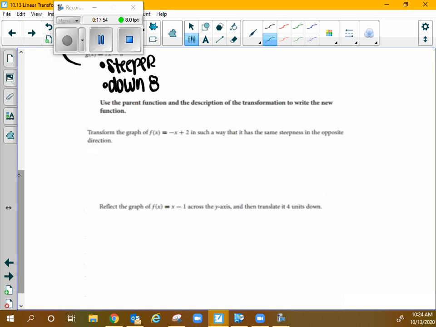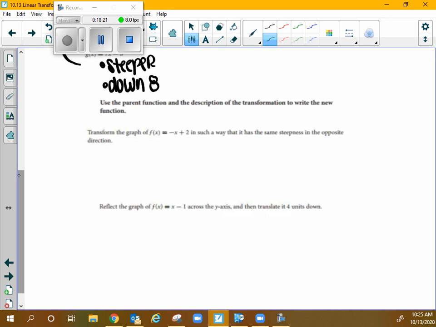Use the parent function and the description of the transformation to write a new function. So now we're writing a new equation. Transform the graph of negative x plus 2. So we're not starting with the parent function here, but we're using the parent function as our kind of guide. In such a way that has the same steepness in the opposite direction.